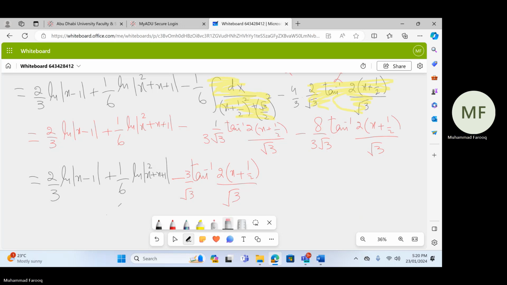We get the answer. Can we combine the elements, this and that? No, it's not possible, because they have different coefficients.